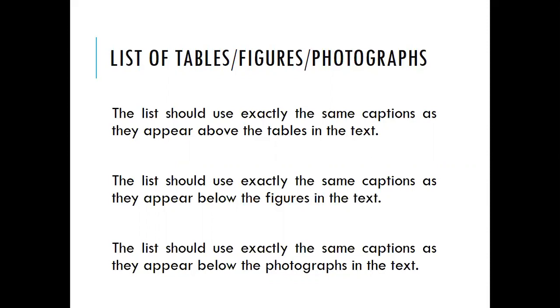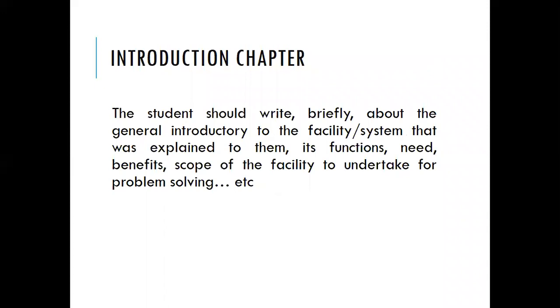The page numbers and the tables and the figures are wrongly mentioned in the final report or the final print they have taken. So it should be done automatically, and just before taking the print, you need to update this so that the list of tables, figures, and photographs, or maybe the list of contents, is up to the mark.